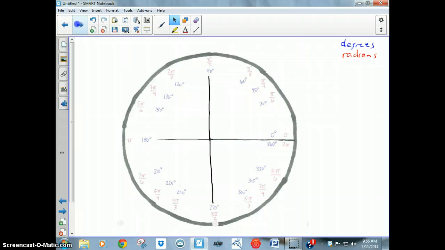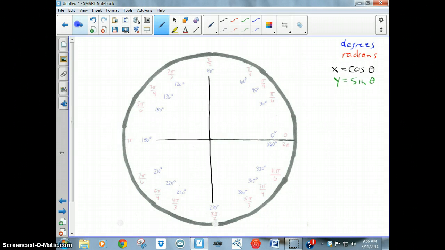Now what we're going to do today is put the value of the cosine, or the x value, in black, and the sine value, or y, in green. So we're going to color code this. All right, so now let's use what we just did on the prior slide to figure these out.